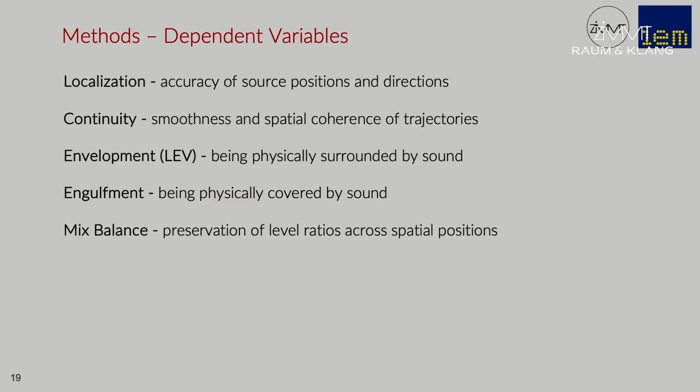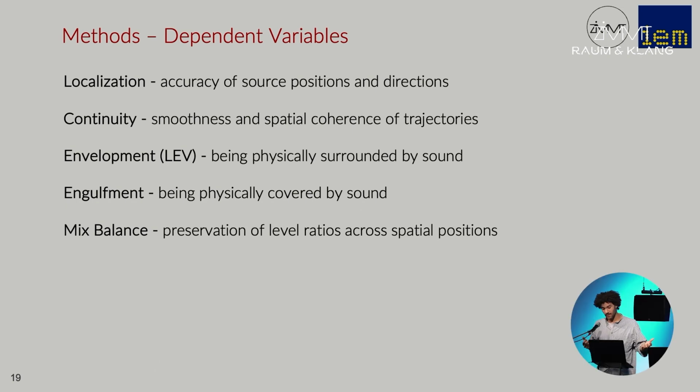So based on those, we took a look at those perceptual variables, which are the localization, which is describing the accuracy of perceiving a sound source at a position or specific direction. Then continuity, which describes the smoothness and spatial coherence of trajectories.